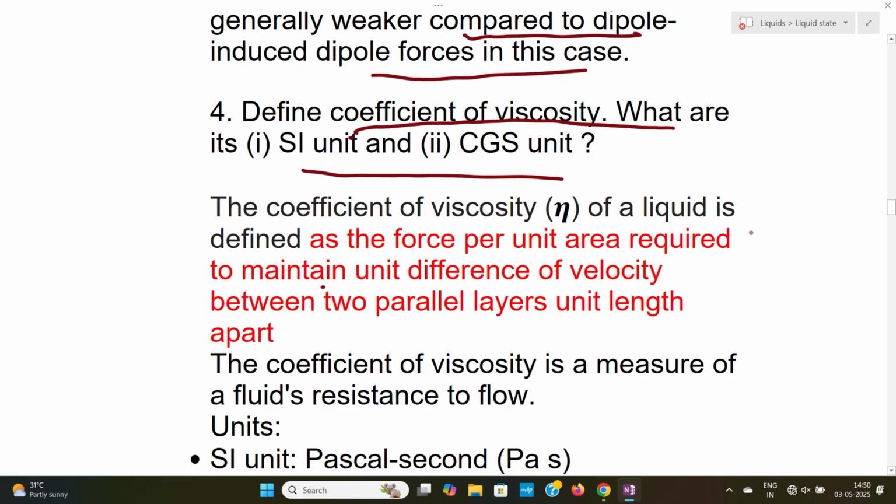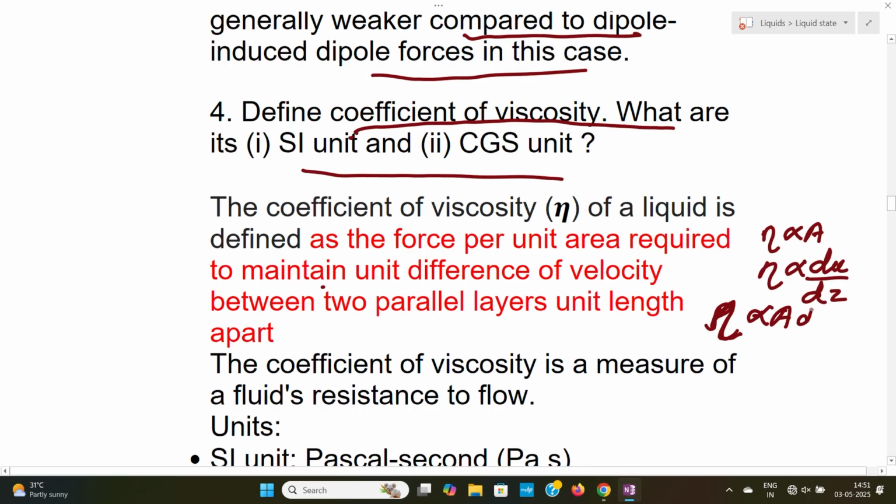When we discussed the coefficient of viscosity, we saw that the viscosity depends upon the area of the plate, and it also depends upon the velocity gradient du by dz. So this is eta, the viscosity, which is directly proportional to A into du by dz.